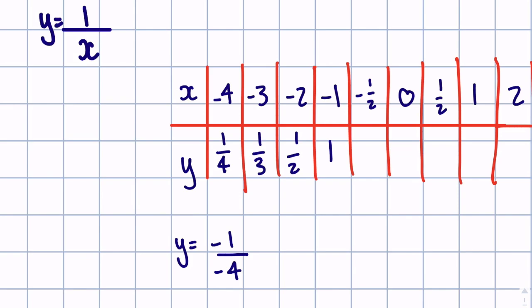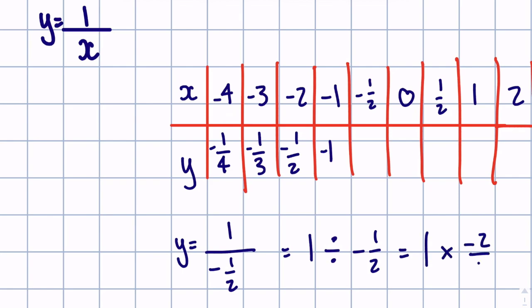Now, if I've got -1, oh, no, I'm doing +1 over -1/4, so all of these will be negative. Gosh, my brain's turned off. 1 over -1/2. I want to remind you that that's the same as 1 divided by -1/2, which is the same as 1 times -2 on 1, so it's -2.